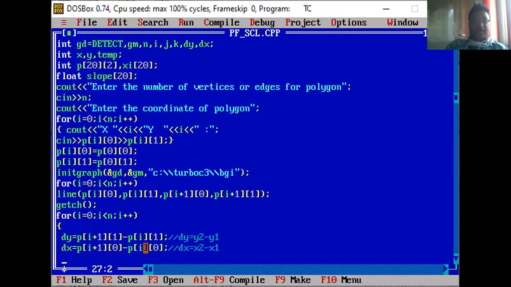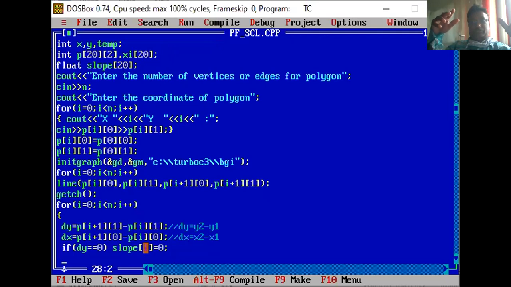Now suppose this dy value, आता मी dy value is equal to 0 असेल, dy जर 0 असेल, and 0 divided by anything becomes 0. So slope becomes 0. Slope of I becomes 0. And dx, okay, I have considered dx is equal to 0.